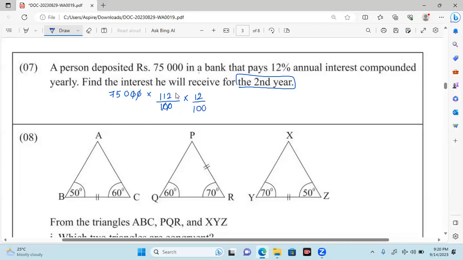Okay, because this gives the total amount at the end of the first year. Then for that amount we have to calculate the interest for the second year. If you multiply this, the answer you can get is 1008. Have you got this answer?